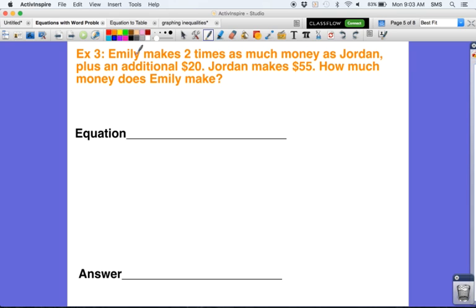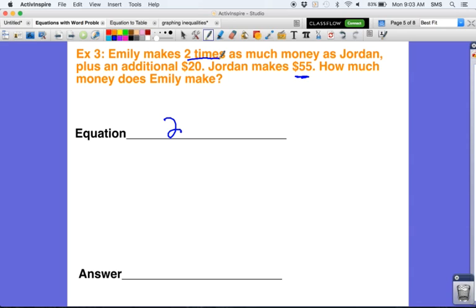Okay? Emily makes 2 times as much money as Jordan. Jordan makes $55, plus an additional $20. Well, Jordan makes $55 right here.